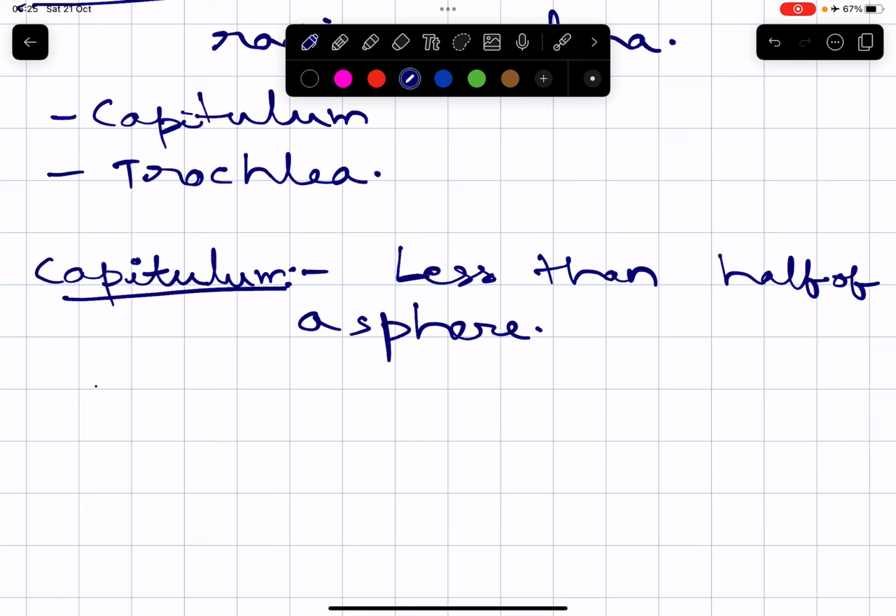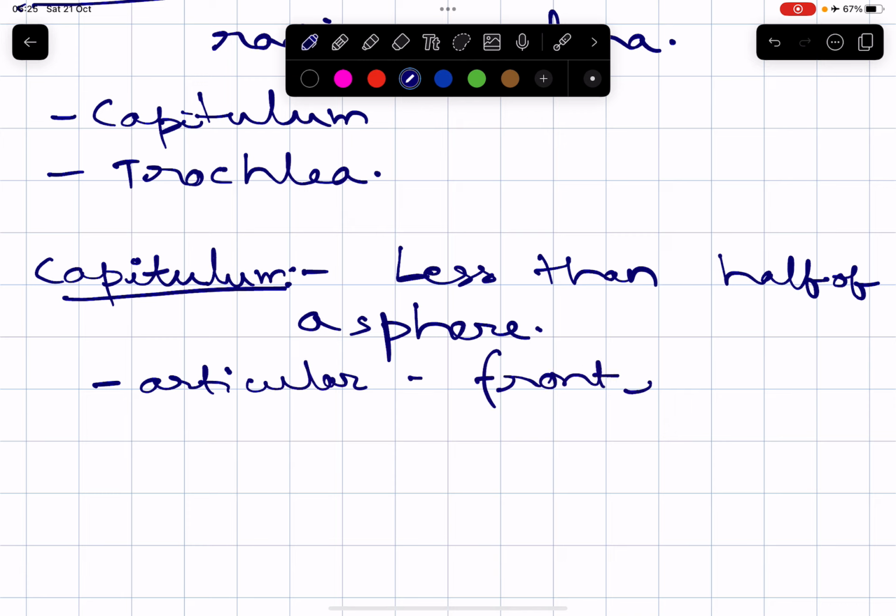And this capitulum is articular in front and below, meaning it is not articular posteriorly. So this posterior part can be palpated. In an extended elbow, you can palpate the posterior part of the capitulum.